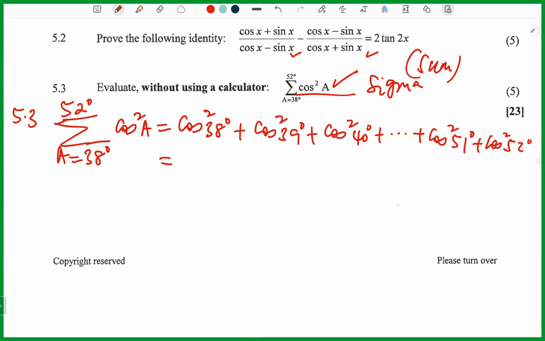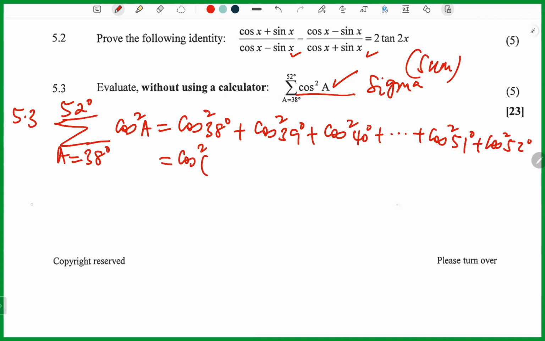Right, so what is all this actually? What does this mean? So we look at the simplification of these and see what we can get, because this one, the cosine 38 is the same as cosine 38.